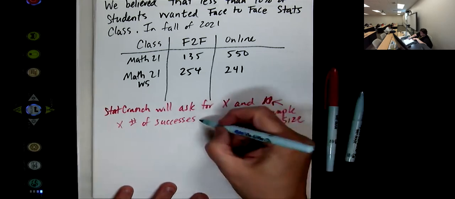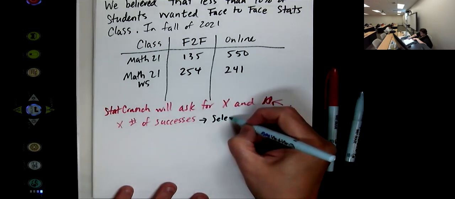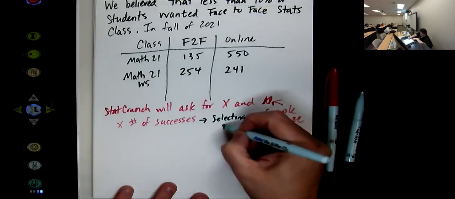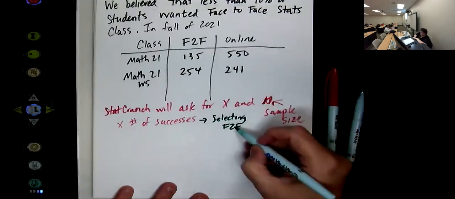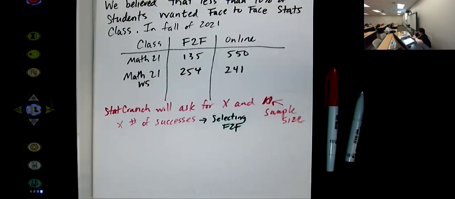In this problem, I'm going to say that's selecting face-to-face. So what we need to do is figure out what X and N are. This is how the data comes to us in real life. It's not all summarized.